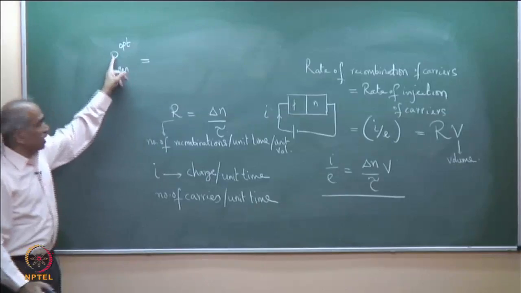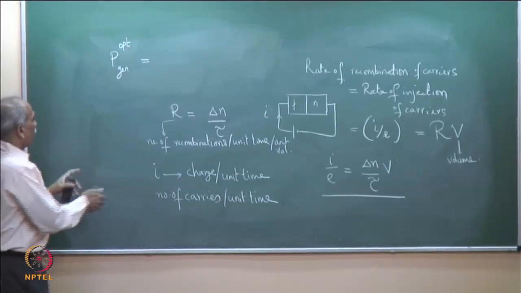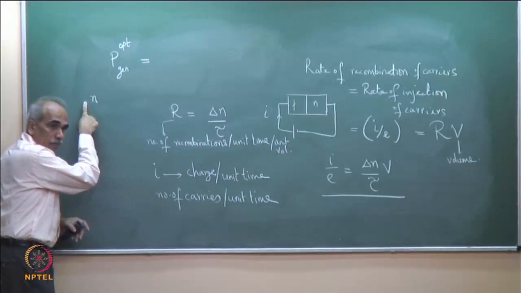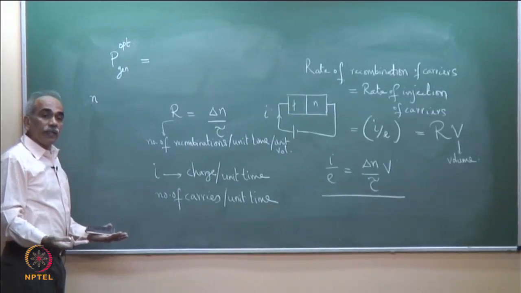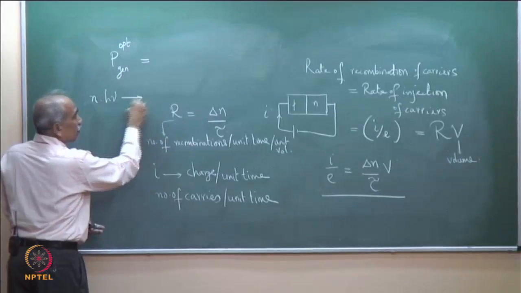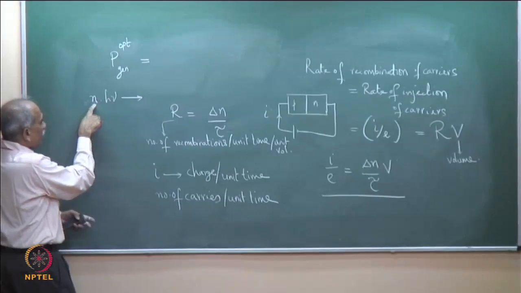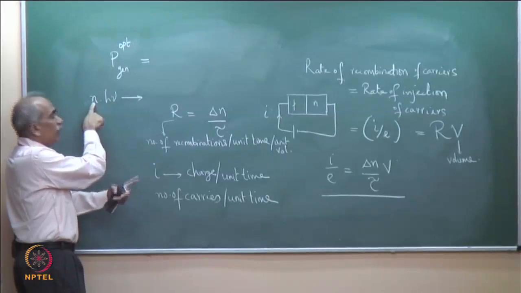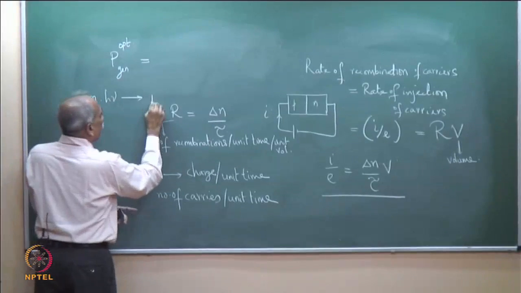We are interested in power generation. If n is the number of photons generated per unit time, what is the power generated? N into h nu is the power generated.